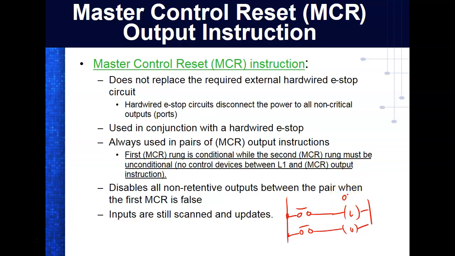So if this is output 0/0, then this would have to be output 0/0. So if we latch an output, then it would be considered retentive, and the MCR would not affect it, unless you got rid of it some other way. Now, once we latch it, you have to unlatch it, right?